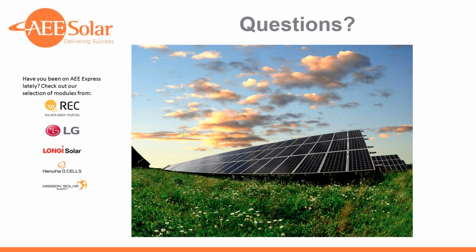Excellent. I've got another question coming in from Chuck. Since higher temperatures reduce PV output, wouldn't it make sense to have as much white between and around the cells on modules as possible? Yeah, all things being equal, you'd have lots of intercell spacing to try to keep them cool.